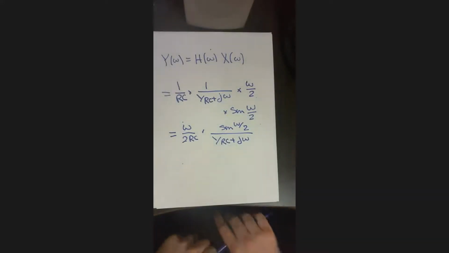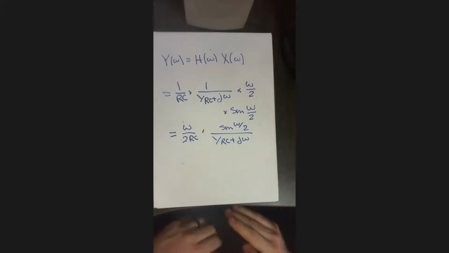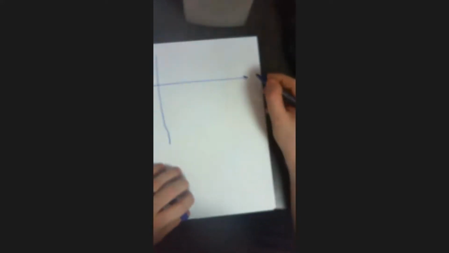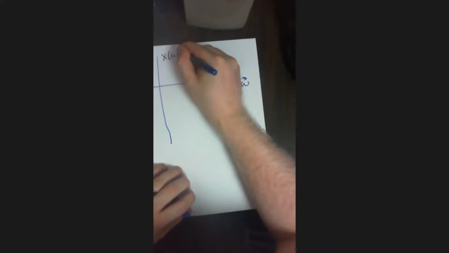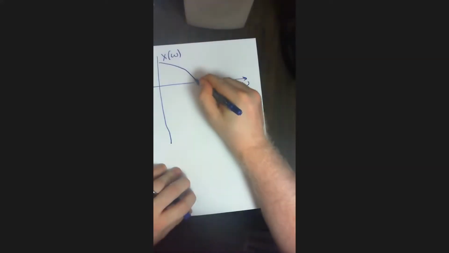But what is also interesting is to make this in terms of graphical representation. What I mean here is as follows. We know the term X of omega, which is something like that.